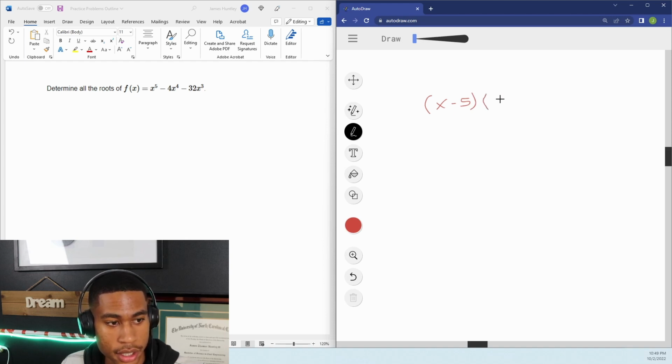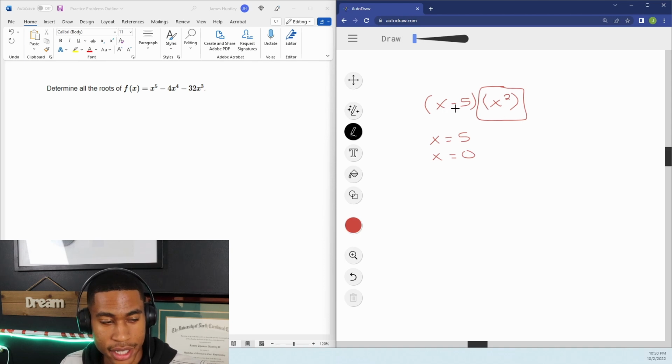We know that our root would be x is equal to 5. Or if we had x squared, we would know this particular root, if we broke it up, x would be equal to 0.